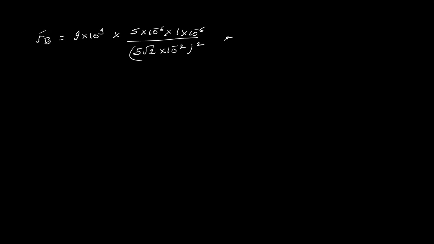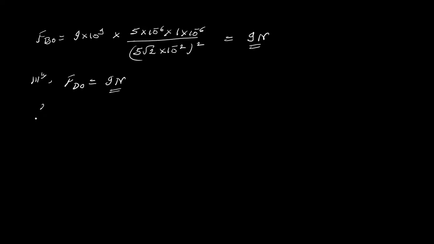After solving this, you get 9 Newton. This is the FB value. Similarly, we get FD also the same. You can call it FDO and BO. So this is also 9 Newton.